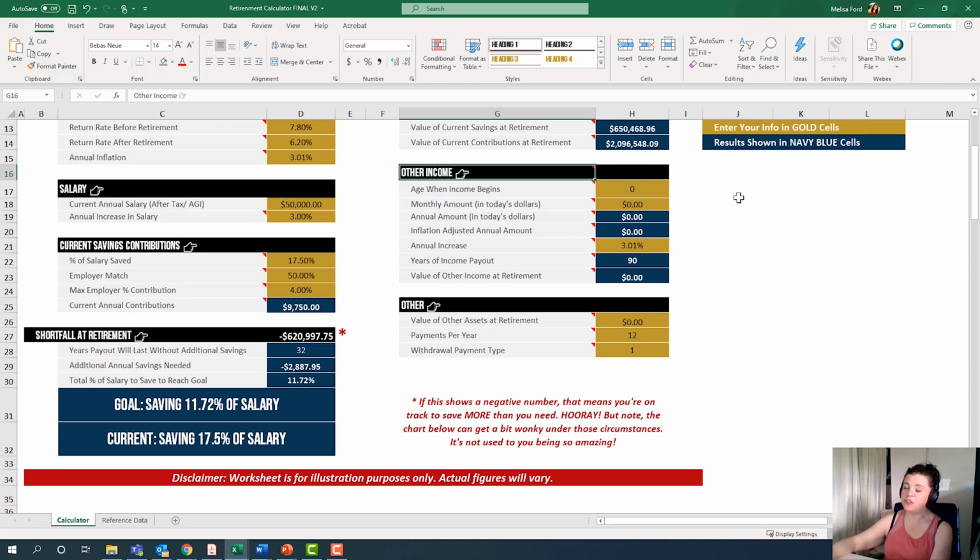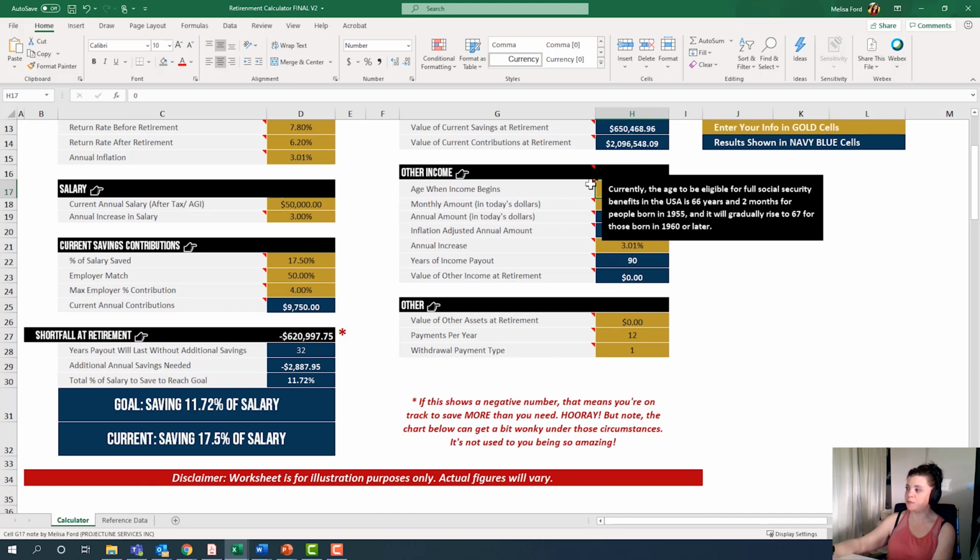You could also use this section if your company offers a pension program. What you're going to do here is put your age when you retire, when your income begins. I've got a little note here that says currently the age to be eligible for full Social Security benefits in the United States is 66 years and 2 months for people born in 1955, and it will gradually rise to 67 for those born in 1960 or later.